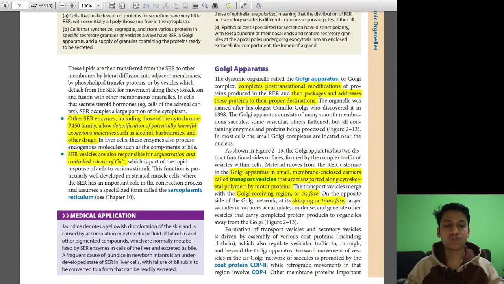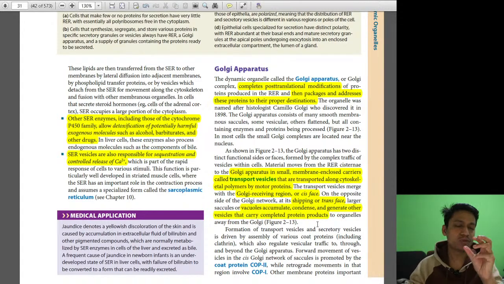Larger saccules or vacuoles accumulate, condense, and generate other vesicles that carry completed protein products to the organelles away from the Golgi. So these protein products go to the organelle in the form of vacuoles.